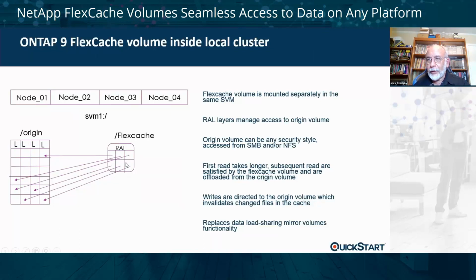And then using that FlexGroup architecture and the remote access layer pointer structures, we're going to be pointing back to the origin volume or source volume. And so all of those repeated reads that are happening are now offloaded, and they're running on a different node with different disks. And it's only needing space for the partial subset of the data which happens to be accessed or active at that time. And as that changes over time, this will dynamically update.